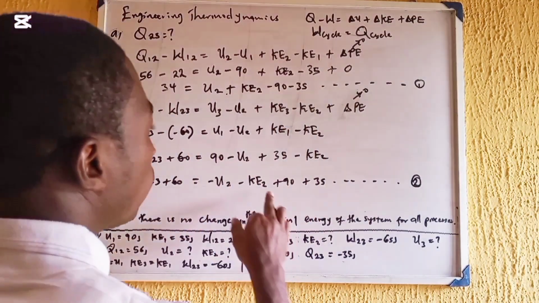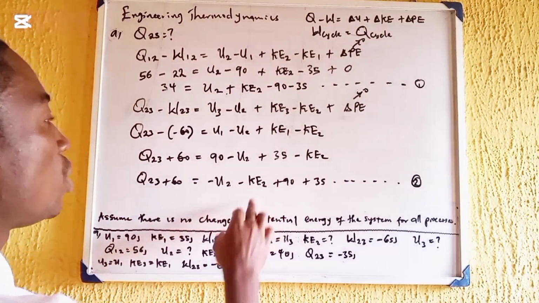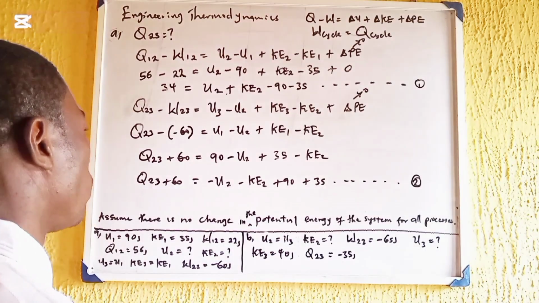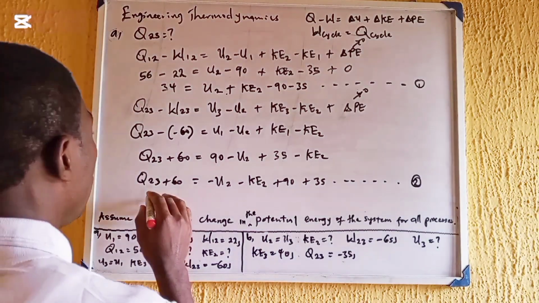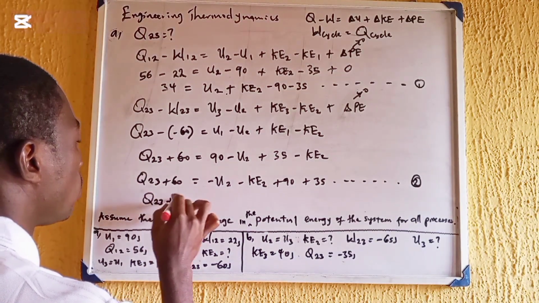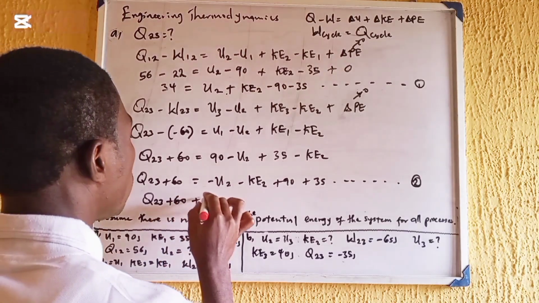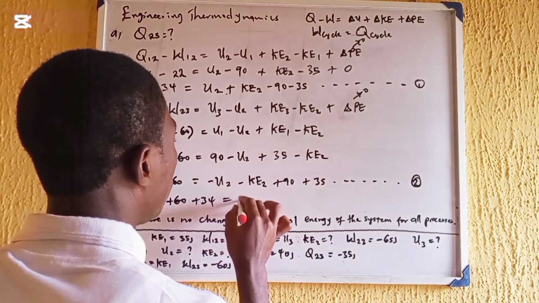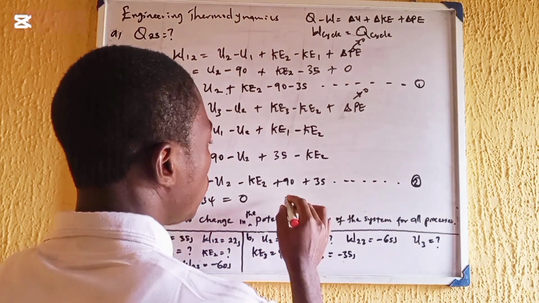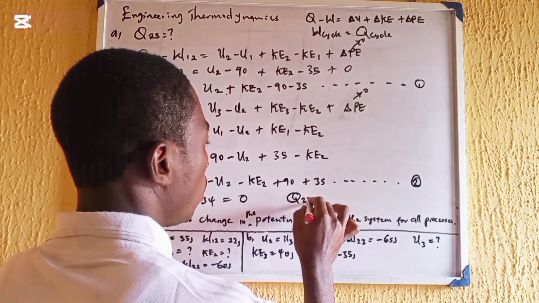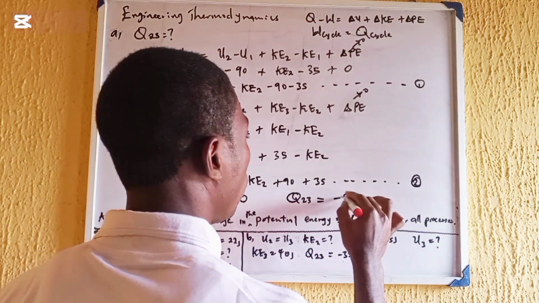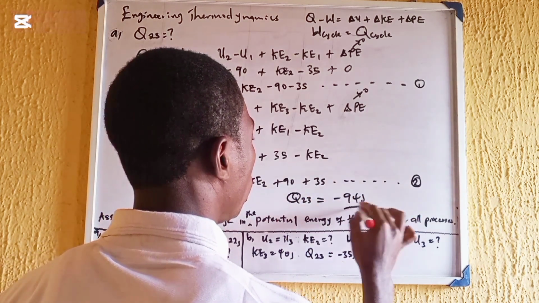So you can see that for a cyclic process, change in energy is equal to what? 0. So we're having Q23 plus 60 plus 34 is equal to 0. So that implies that Q23 is equal to minus 94 joules.